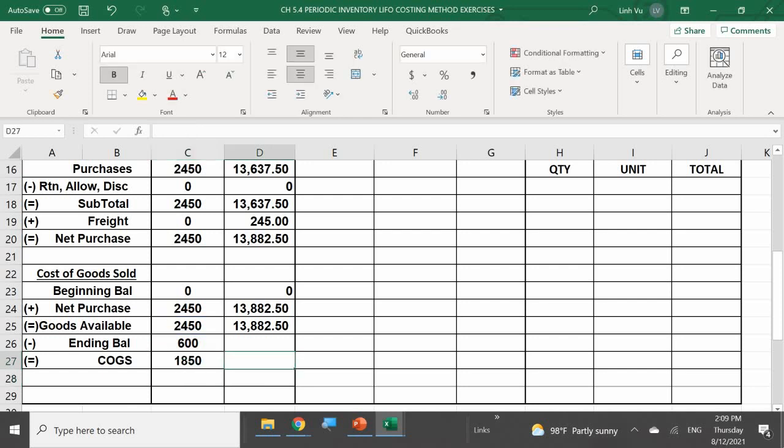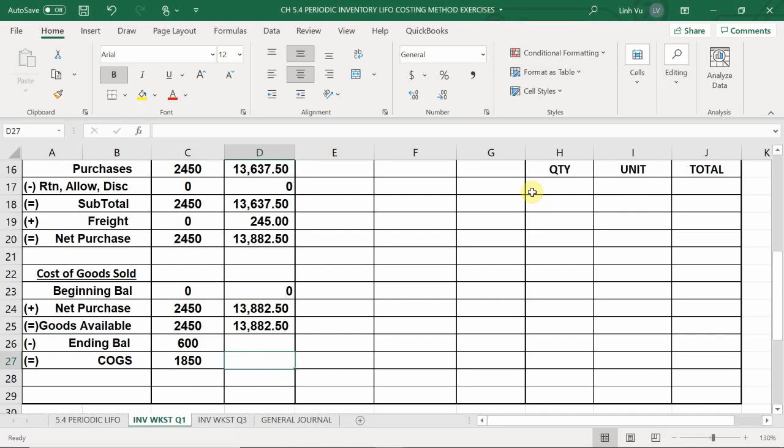Okay. So now our job is to solve for the total cost of my cost of goods sold.